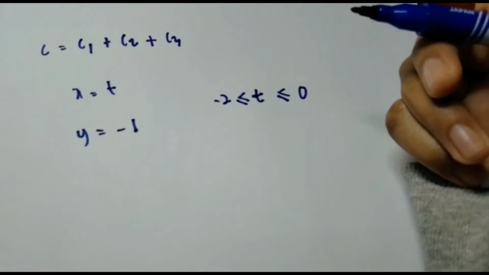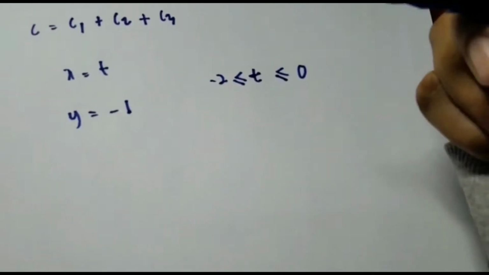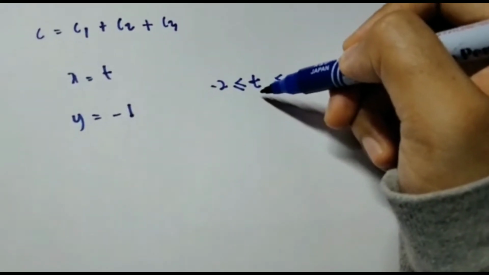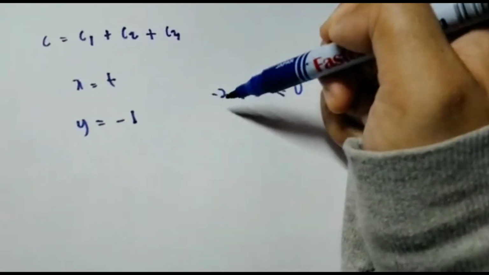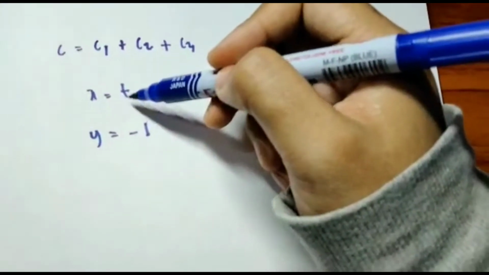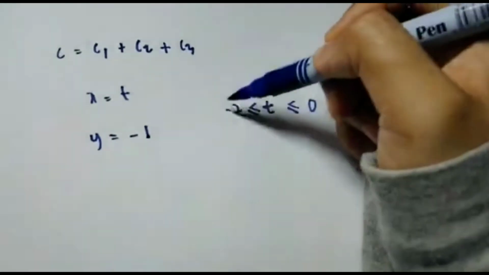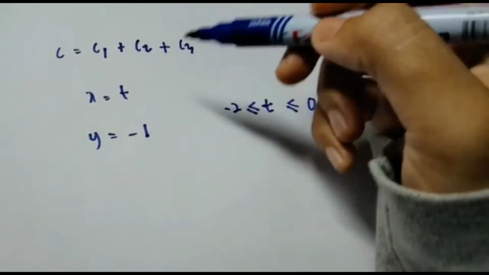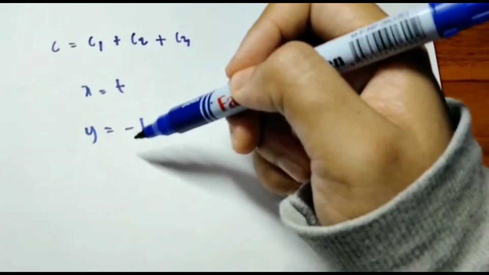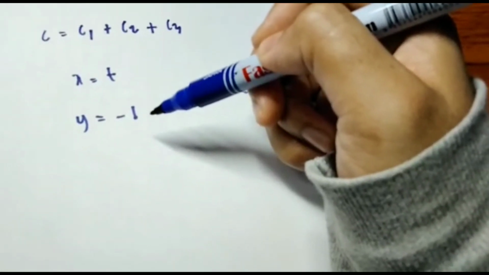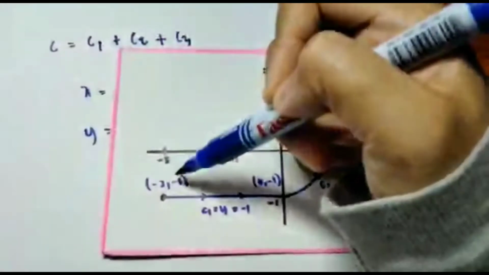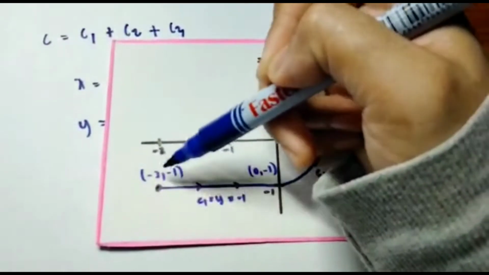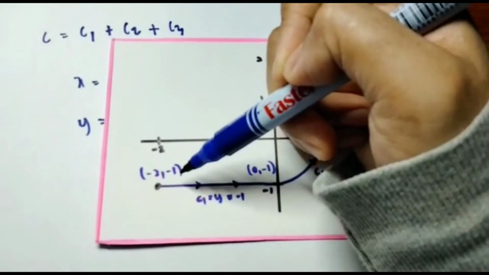Now you will notice that if we plug in t equals -2, we get x equals -2 and y equals -1. That is our initial point, -2, -1.